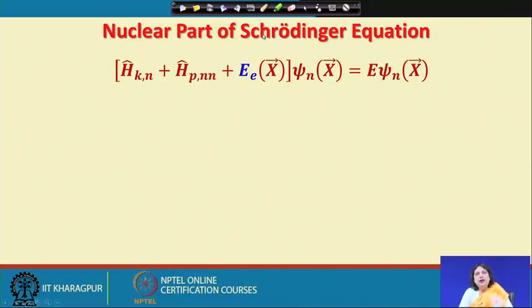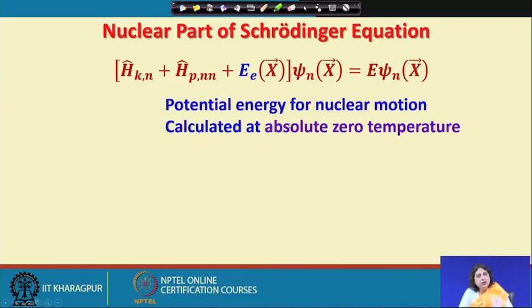Now, what is the use of this molecular potential energy surface? As you see, if I write down the nuclear part of the Schrodinger equation, I find that this electronic energy actually plays the role of the potential energy on which the nuclei move. And therefore, here comes the importance of the electronic energies for fixed geometry of the nuclei, because the solution of the electronic Schrodinger equation gives me the potential energy for nuclear motion.